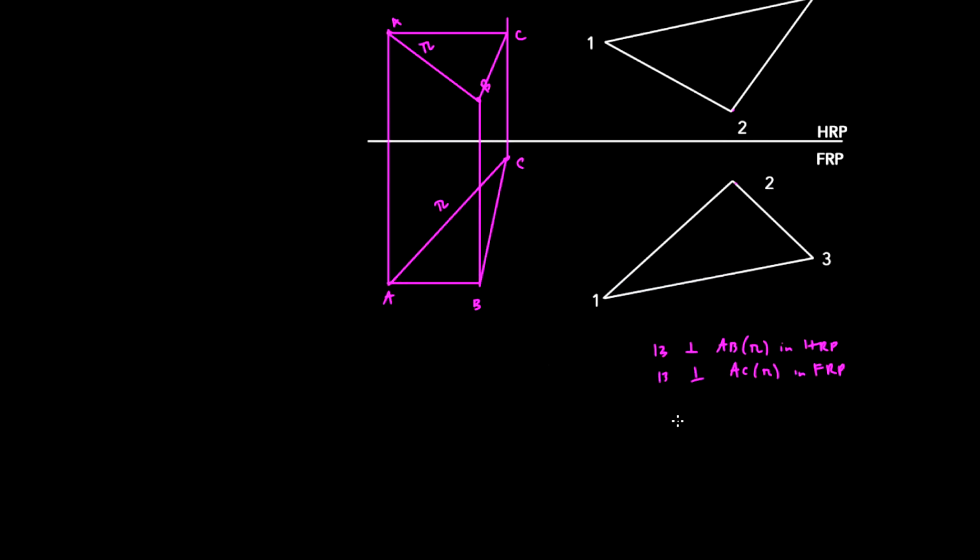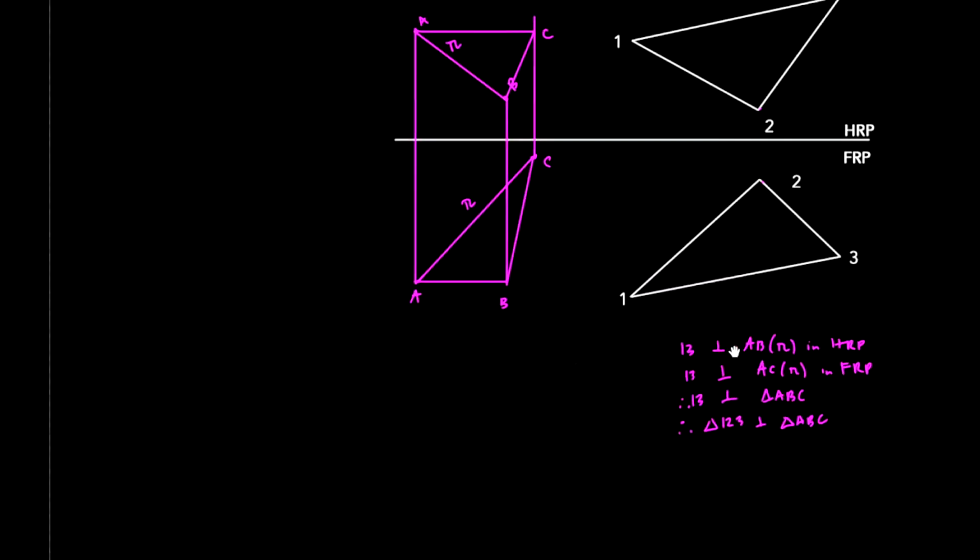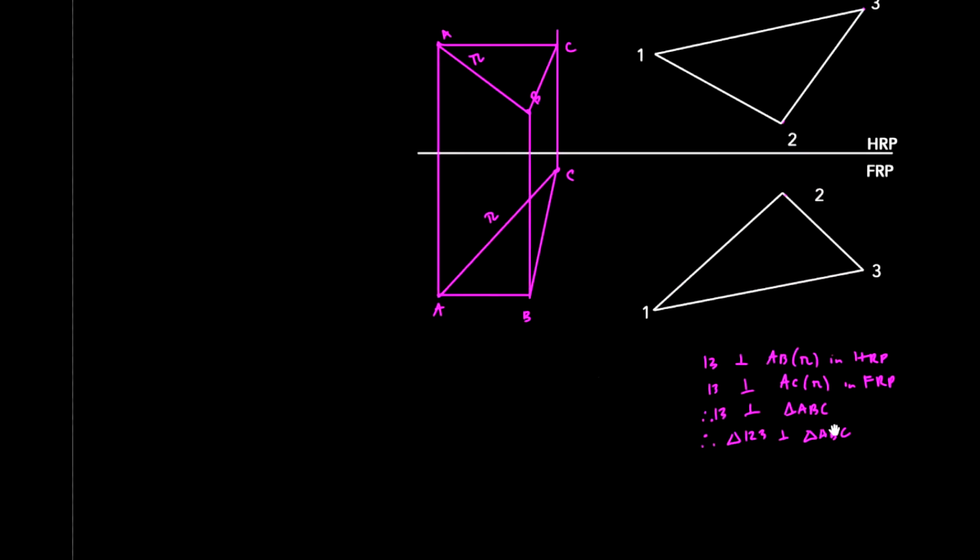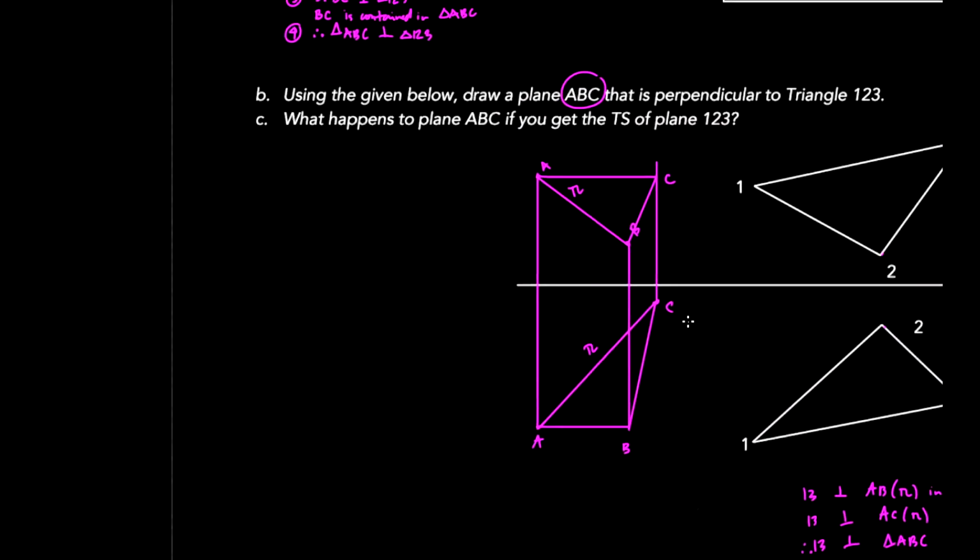And therefore 1, 3 is perpendicular to triangle ABC, and therefore triangle 1, 2, 3 is perpendicular to triangle ABC. Okay, so sinortcut ko na class, hindi ko na sinama yung mga is contained, yung mga ganun. Okay, so napoprove natin na 1, 2, 3 and ABC are perpendicular to each other.